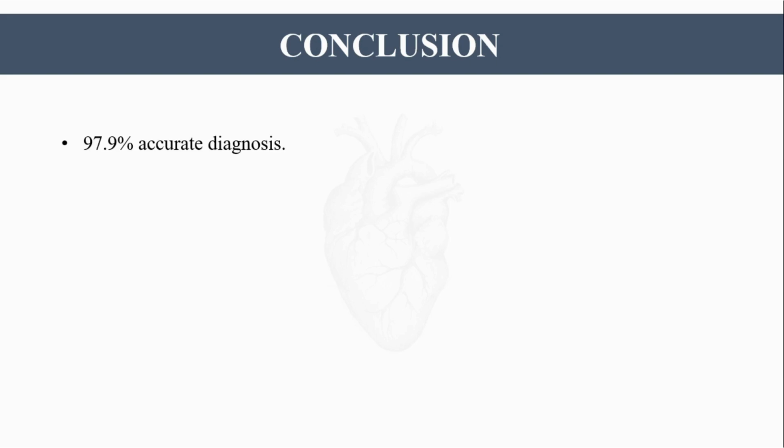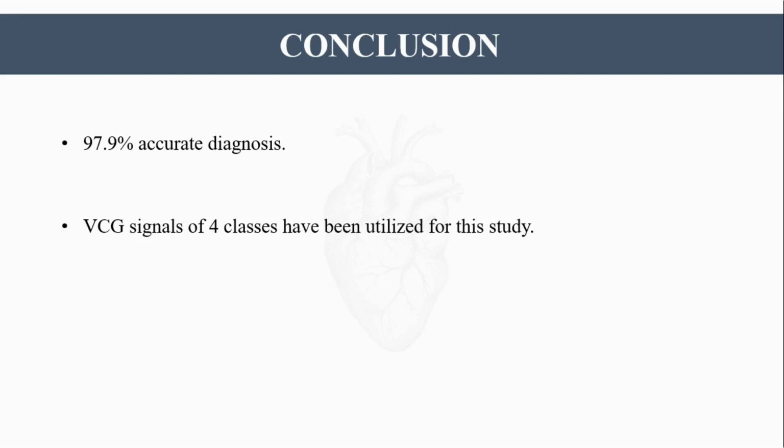Next is conclusion. We have successfully applied a machine learning approach for diagnosis, which is 97.9% accurate. ECG signals of 4 classes, namely bundle branch block, cardiomyopathy, dysrhythmia, and healthy control, have been utilized for this work.